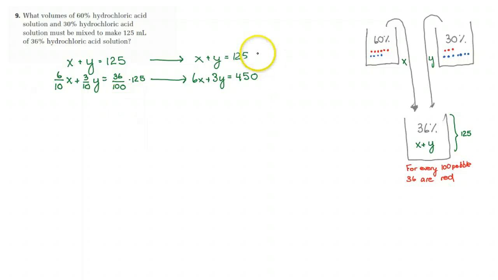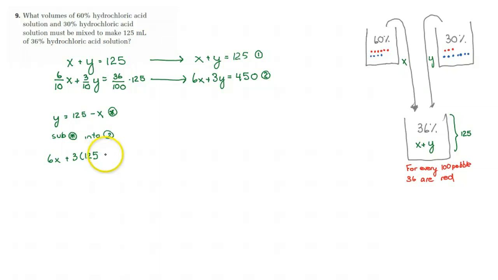Now I have a straightforward system of equations to solve, which I'm going to do by substitution, because we can easily isolate y from equation 1. So y is equal to 125 minus x. I'll call this star, and we'll substitute star into 2. So 6x plus 3 times (125 minus x) equals 450.